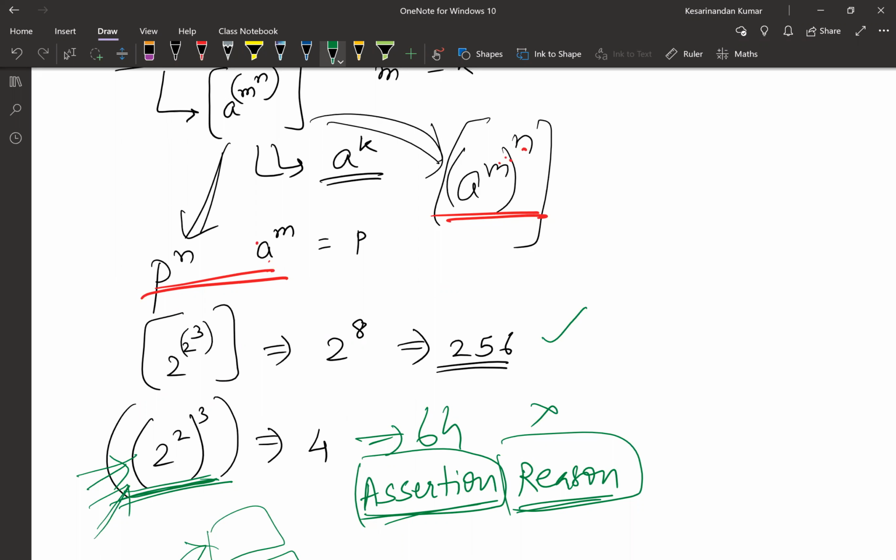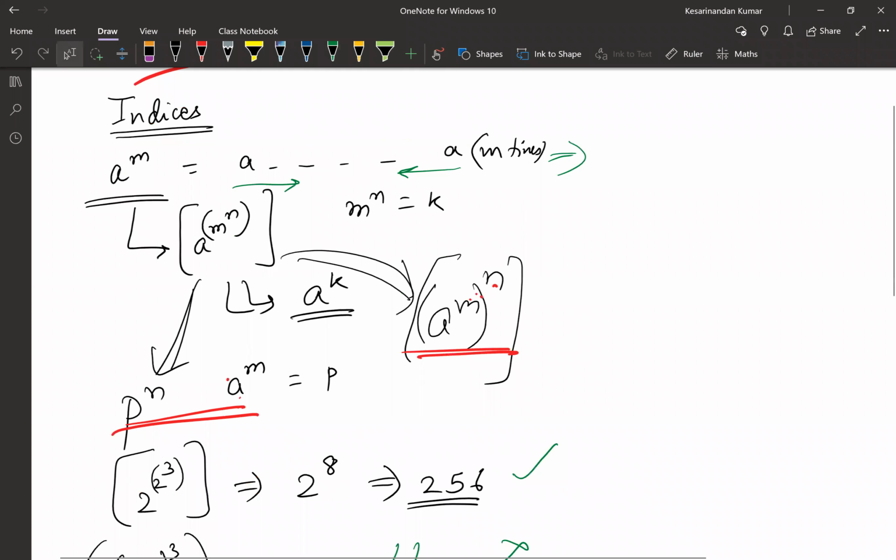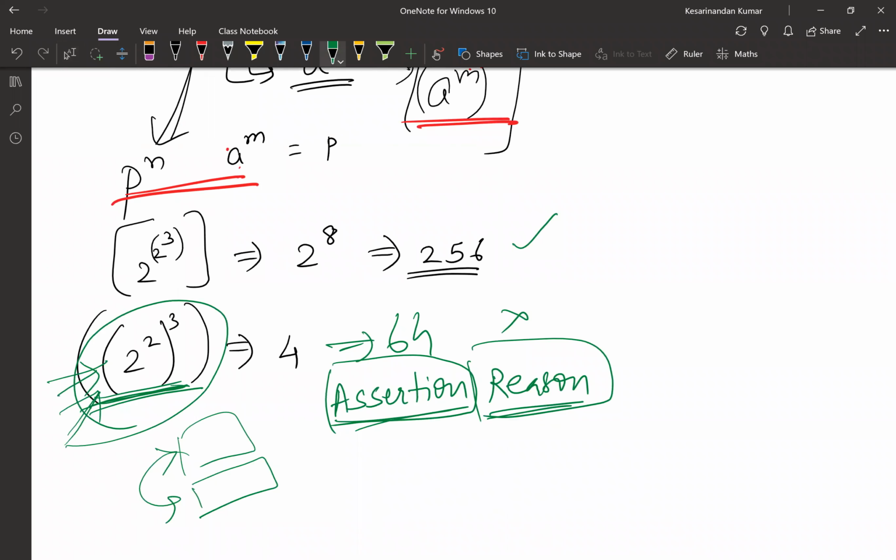Okay, but why not go reverse as well? When we multiply, if you start multiplying from this side or from this side, it gives the same answer. Then why is a similar thing not following here? If you go this way or that way, it should give the same answer, right?